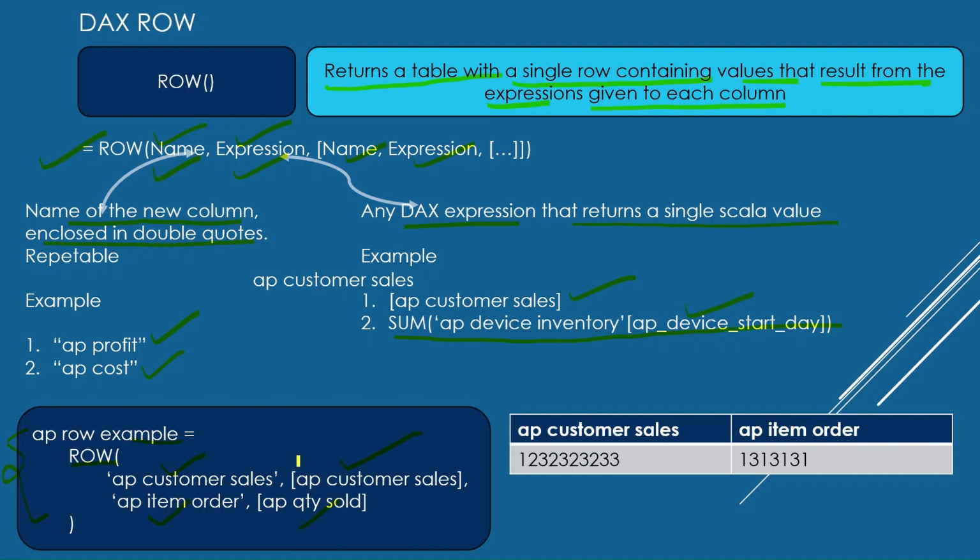Both of these are measures, and each will return a single scalar value. So as an output, we can see the column names which we have defined here, and the corresponding values which are coming from these two measures.